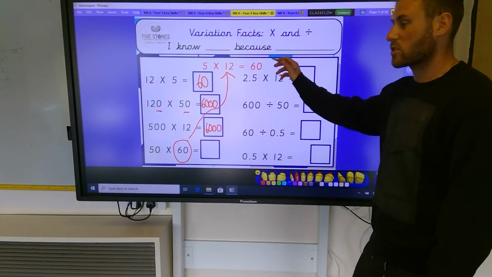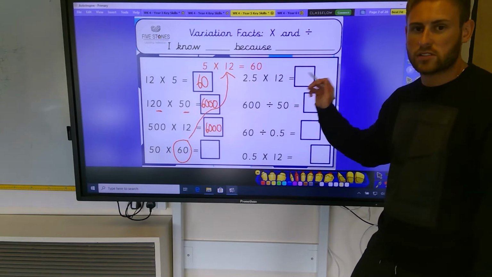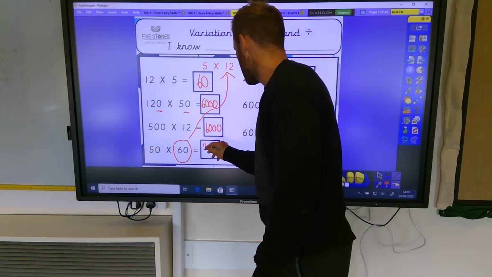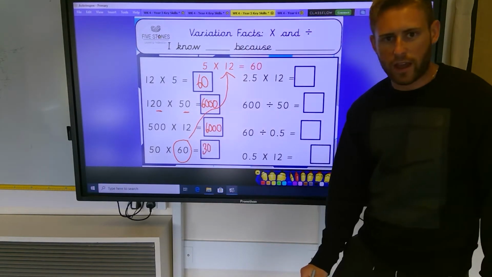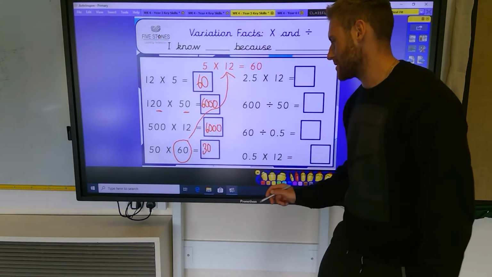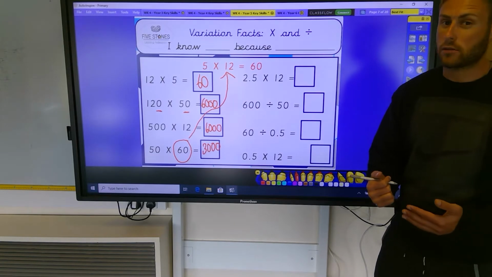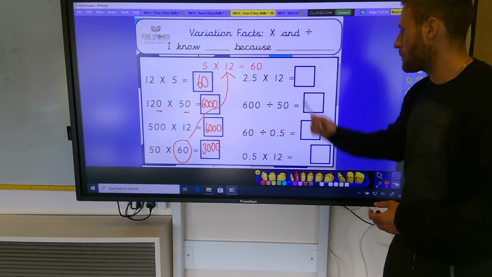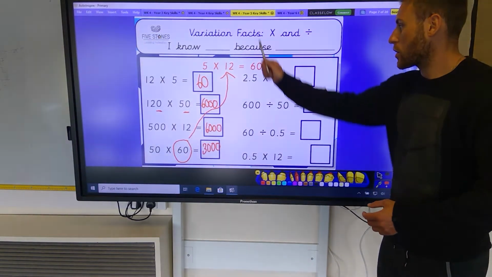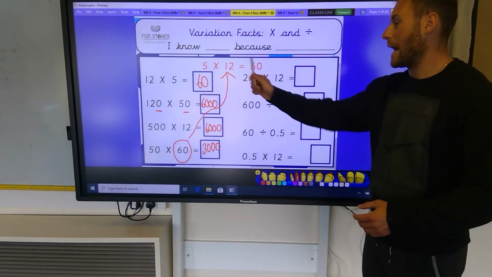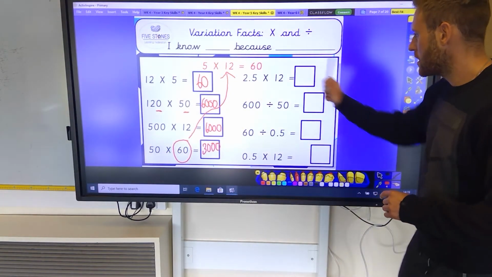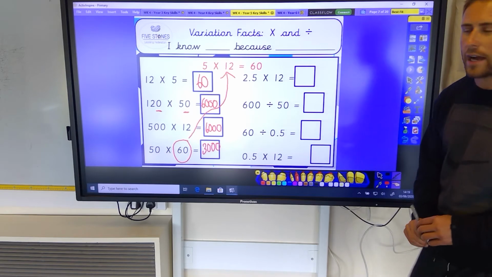So 5 times 6 is going to be half of what 5 times 12 is, so that's 30. However, yes, it has been increased by 10 times and 10 times, so it's been increased by 100 times, making that 3,000. Okay, I'm going to leave you with these ones. Use these facts and obviously our main completed fact to support you in completing the rest of the facts. Off you go.